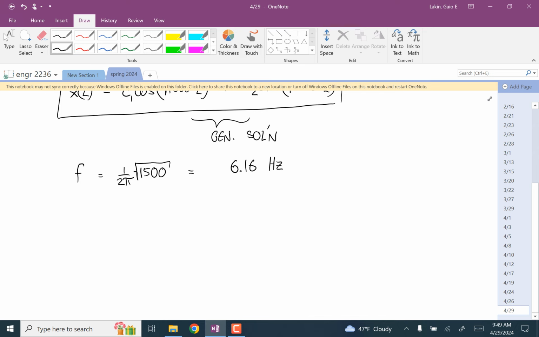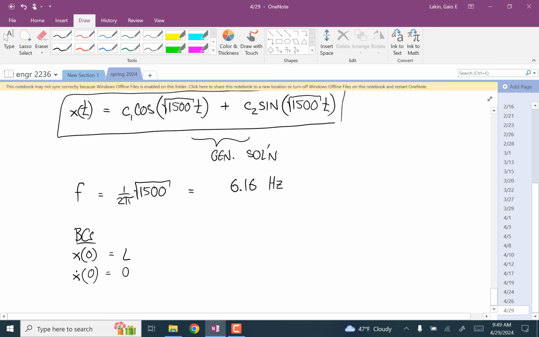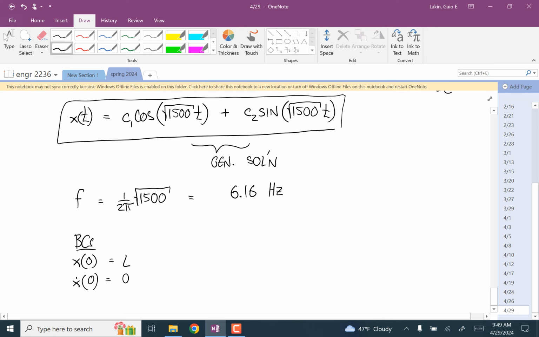Remember, our two boundary conditions, like they have been all the time here, are sort of our default boundary conditions. We'll say that x at time equals 0 is equal to L, and x dot at time equals 0 is equal to 0. You'll start with this form, apply these two things, and that'll let you calculate C1 and C2. Okay.